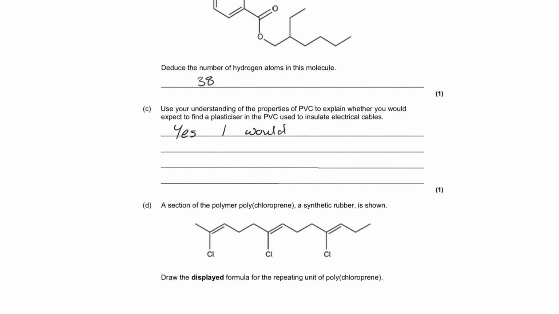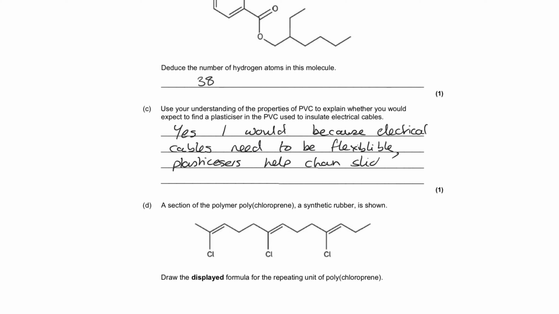And the reason for that is because electrical cables need to be flexible, and that's precisely what a plasticizer does. Plasticizers help the chains to slide over each other more easily.